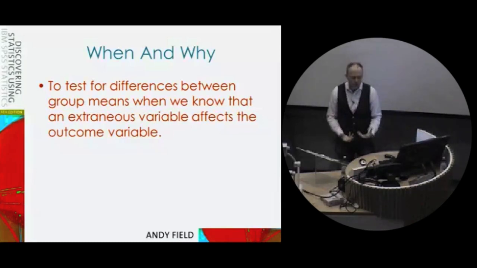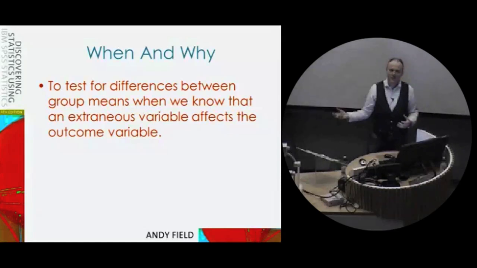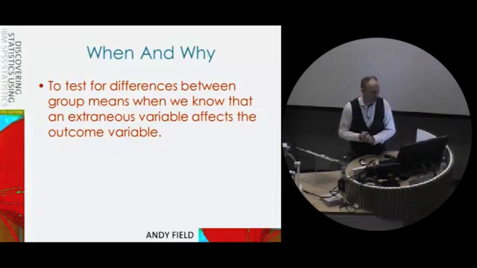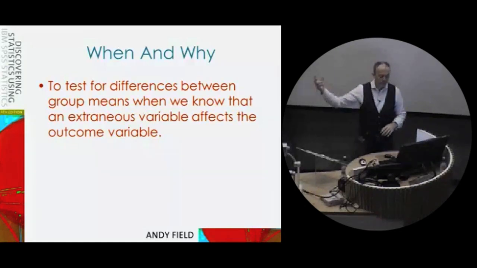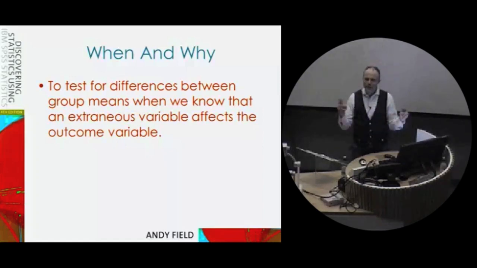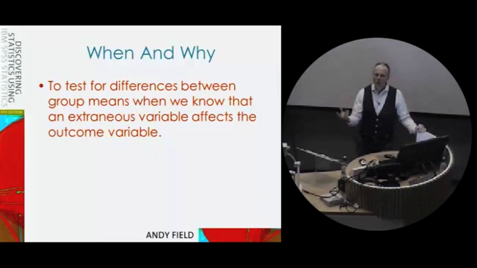If you're a naturally fearful kind of child, then you'd expect your fear reaction to an episode of Doctor Who would be affected by your natural levels of fear. So if our outcome is fear, we're also going to be interested in children's trait anxiety, for want of a better phrase. That trait anxiety would be what we call a covariate.